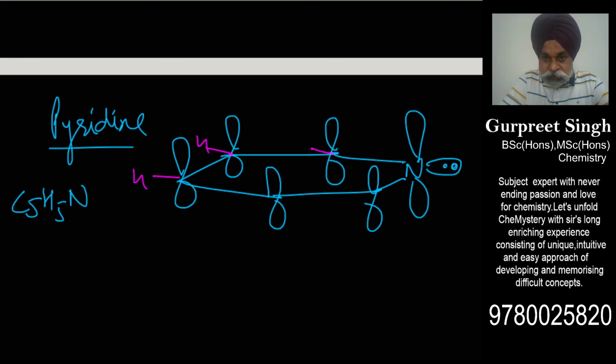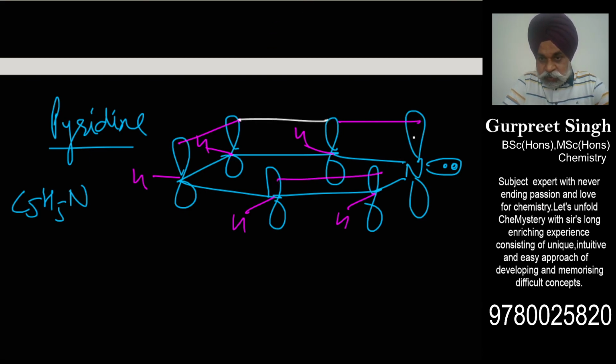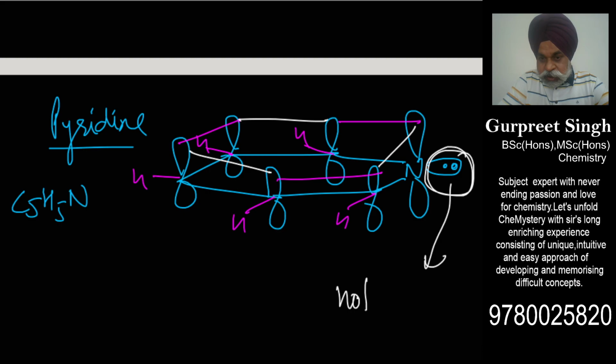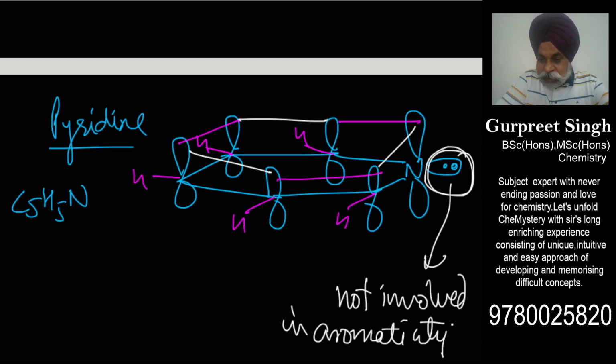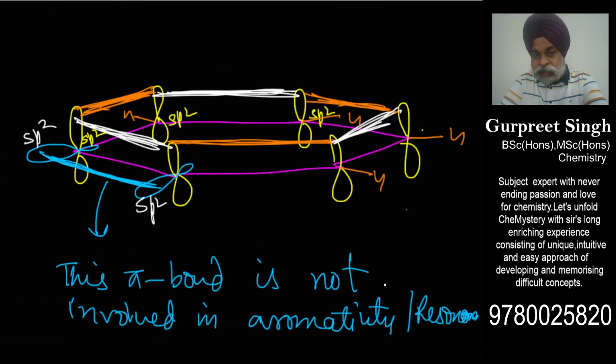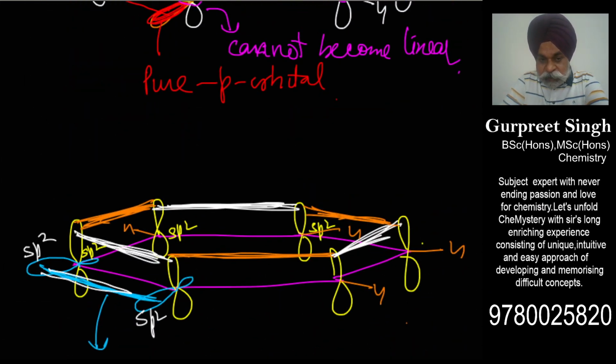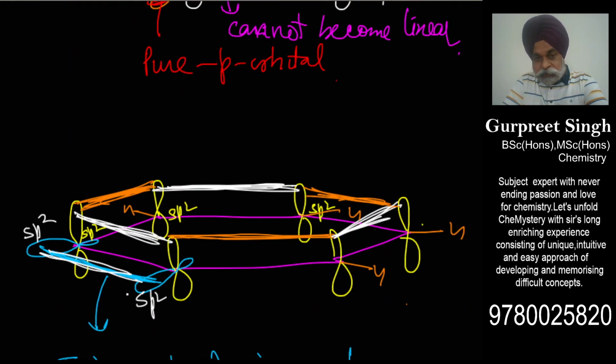All the carbons are sp2 hybridized, and this can undergo resonance like this, or this may also undergo resonance like this. So it is perfectly delocalized, but this lone pair is not involved in aromaticity. So this is also somewhat like that. The same sort of thing is happening in the case of benzyne. One of the pi bonds is not involved in the resonance.